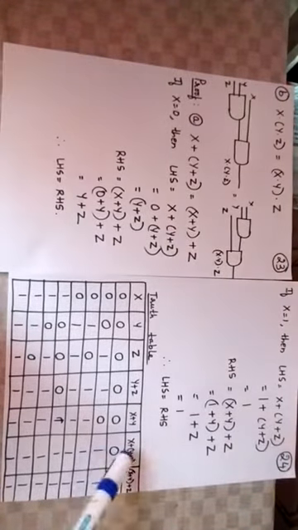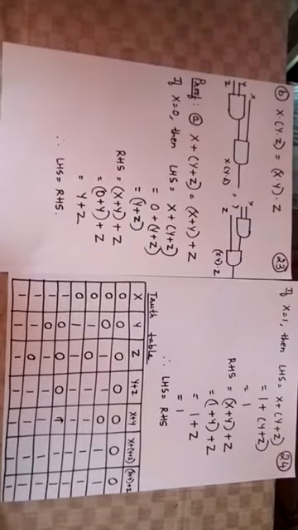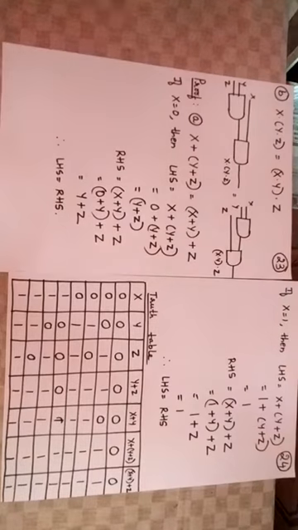Now compare the values under these last 2 columns. Are they the same? Yes. Since the values under these 2 columns are identical, hence the theorem is proved. Now this is with the help of truth table.